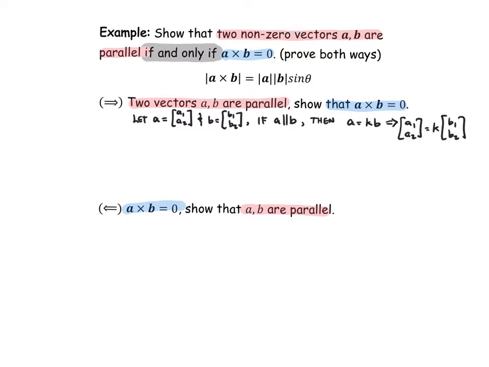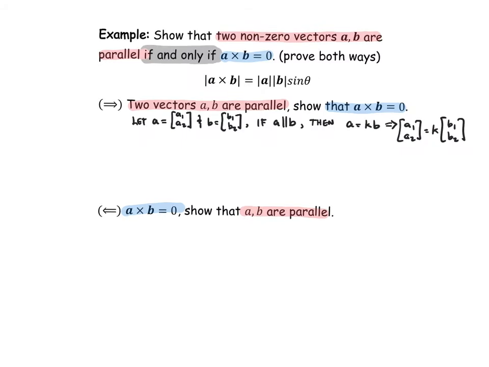That tells me that they're headed in the same direction. Okay, thus, A1 is equal to k times B1, and A2 is equal to k times B2.